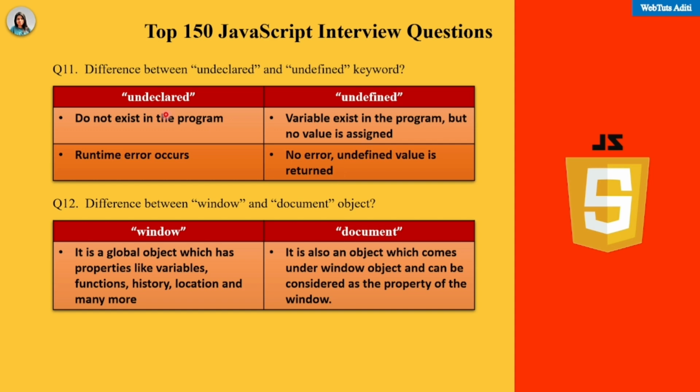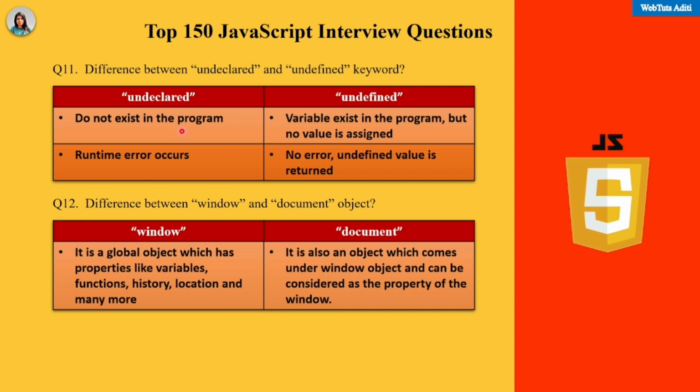Now, the difference between undeclared and undefined: undeclared means that the variable does not exist in the program. Like when I am declaring a variable, var a, I'm declaring a variable but not assigning any value.